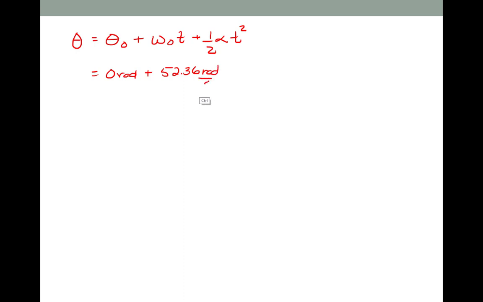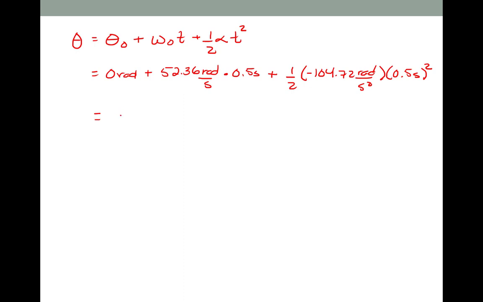Now I can proceed with finding the angle through which the CD rotates using this equation. Our initial angle we set to 0. The initial angular velocity was 52.36 radians per second multiplied by half a second, plus 1/2 of negative 104.72 radians per second squared times half a second squared.